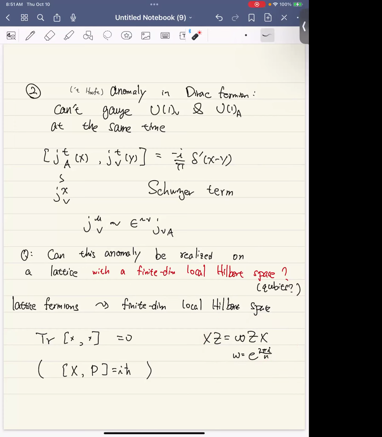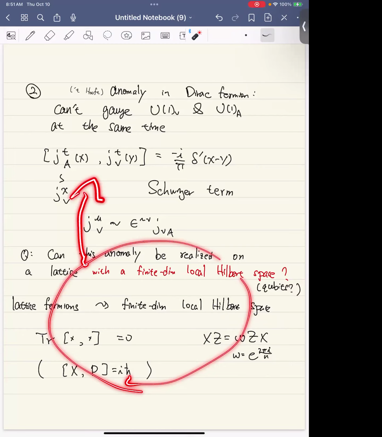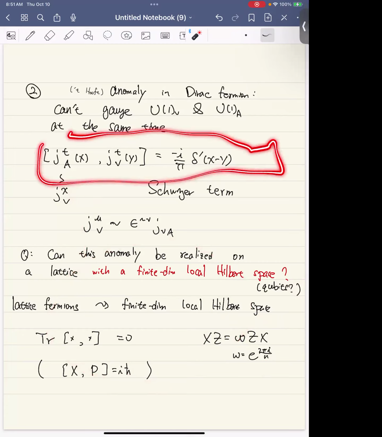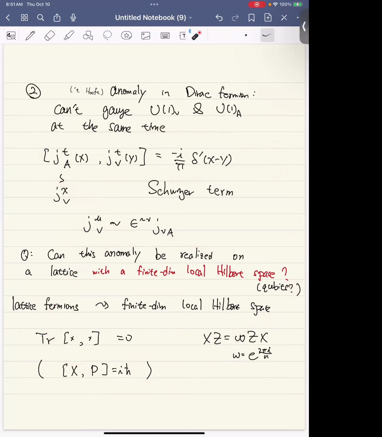So I'm saying, indeed, there could be various lattice relations which, if you take the continuum limit, become the Schwinger term. But the statement I was making is that you cannot literally realize it. Okay, that's fine. But if you are willing to work with the rotor, which has an infinite dimensional local Hilbert space, then you can actually literally realize this relation. And by literally, I mean delta prime just becomes some difference of Kronecker deltas.